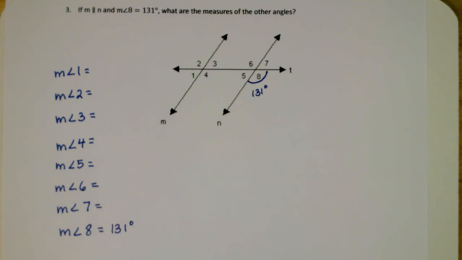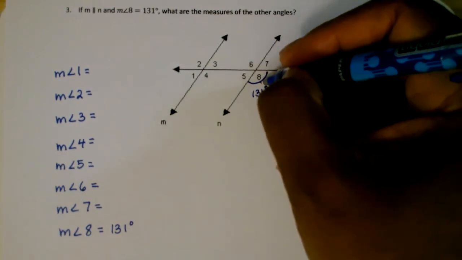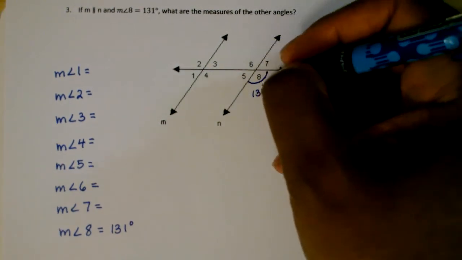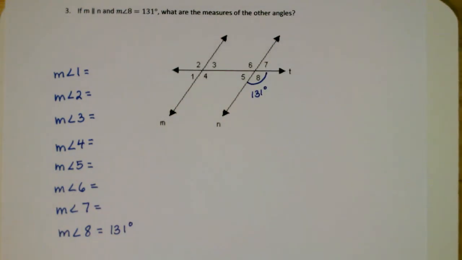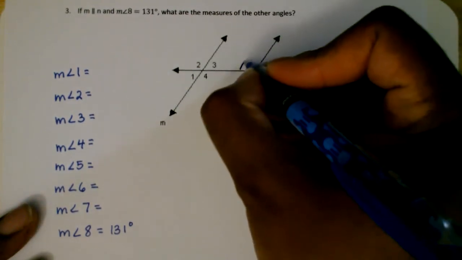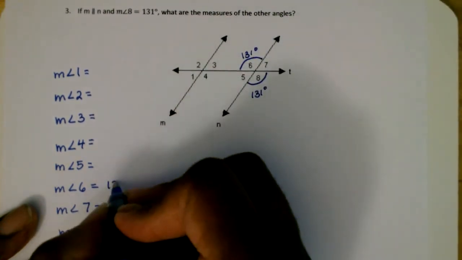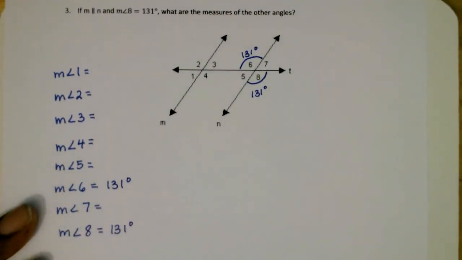So here we have to use some of the properties of parallel lines in order to find the other angles. Let's say I know angle 6 and angle 8 are a pair of vertical angles, and there is a property that says vertical angles are equal. So if the measure of angle 8 is 131, then the measure of angle 6 must also be 131 degrees.